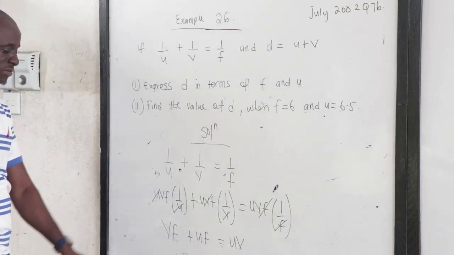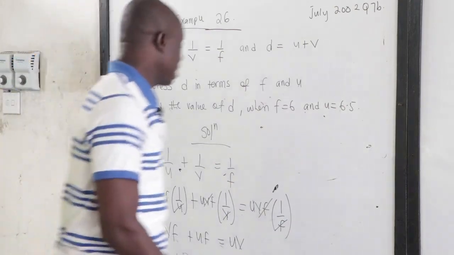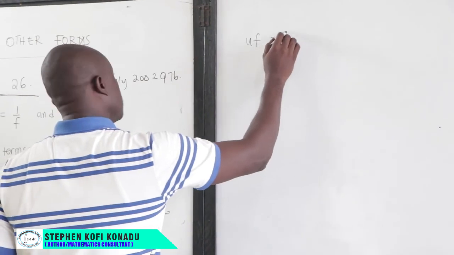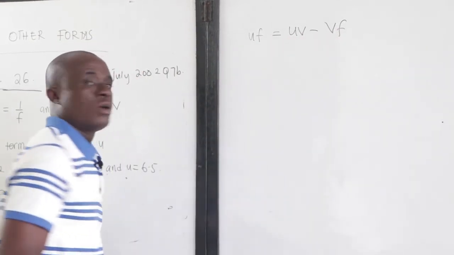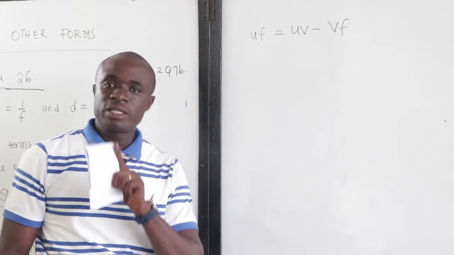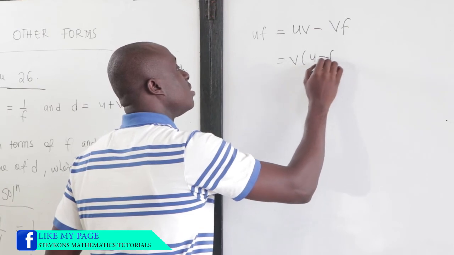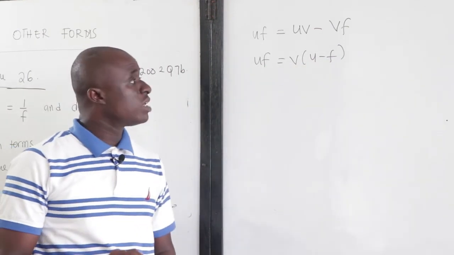We want to make v the subject. There's v here, there's v there. So let's take this v to the other side. So we have uf equal to uv minus vf. We want to make v the subject, so we factorize v out. So we have v(u minus f) equal to uf.